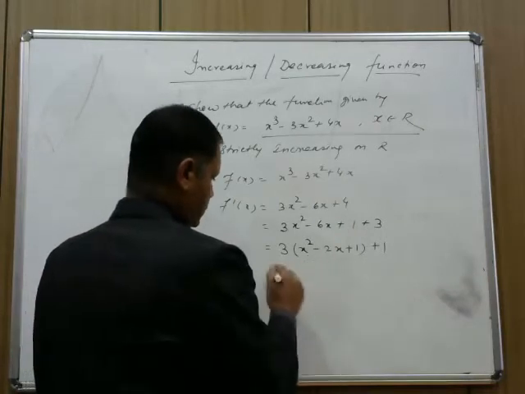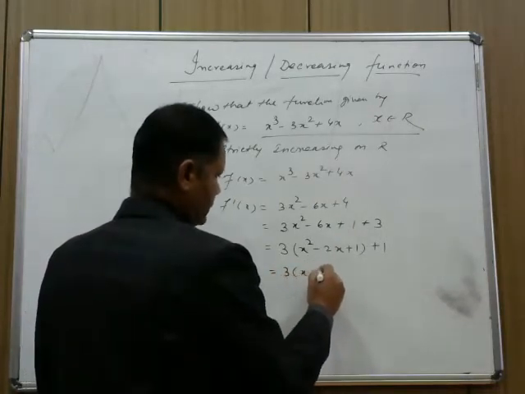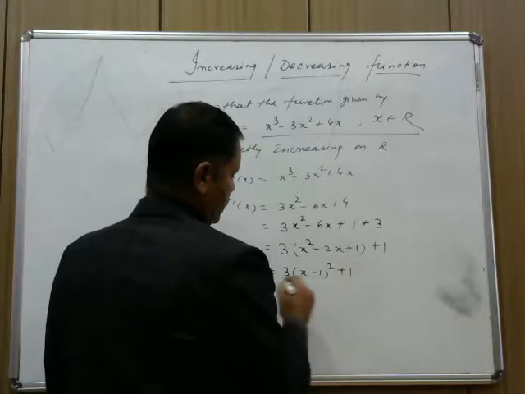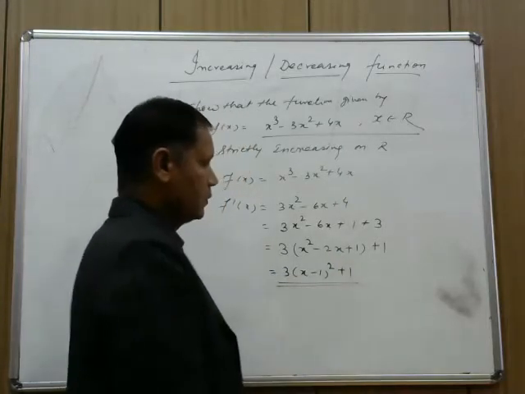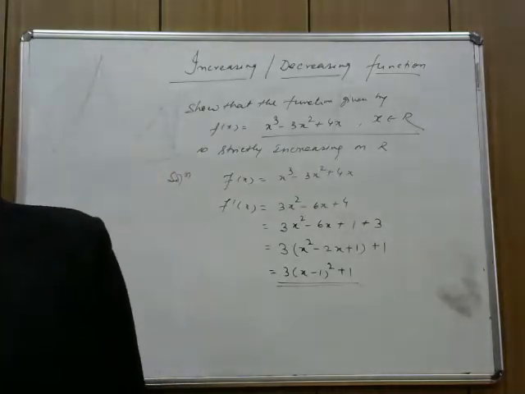Now this becomes 3 times (x minus 1) whole square plus 1.